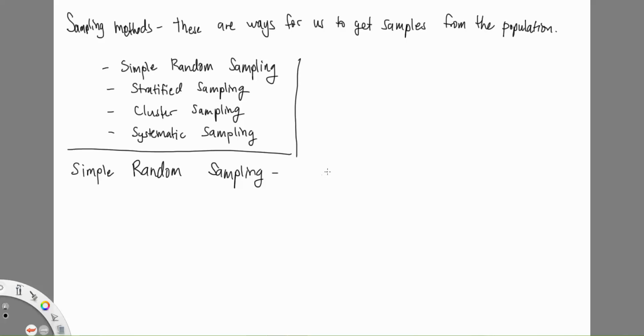Simple random sampling. We might call this SRS. The idea is we have a list of everyone in the population. The list is called a sampling frame.